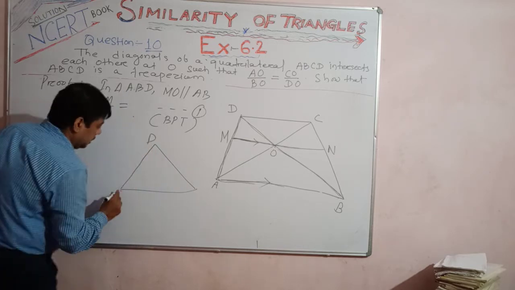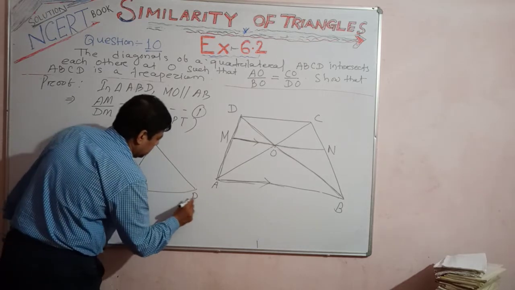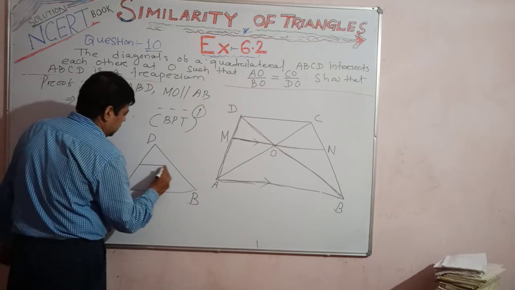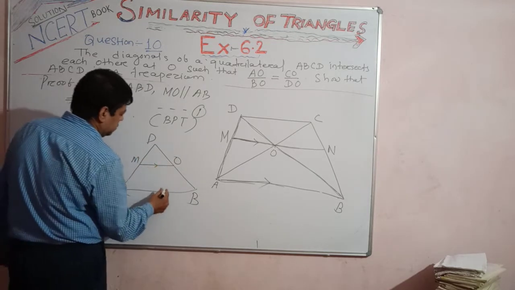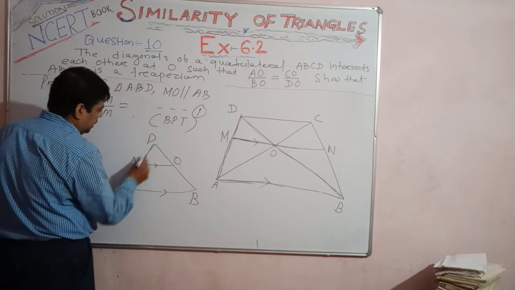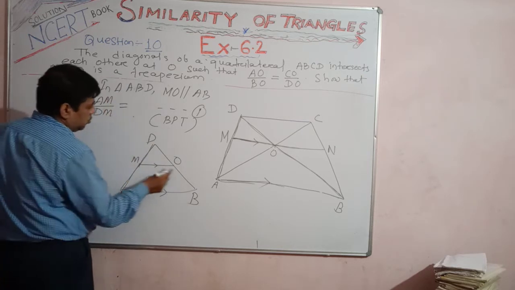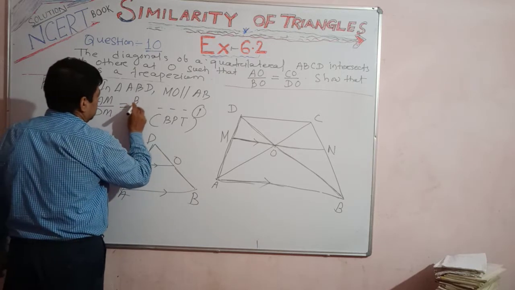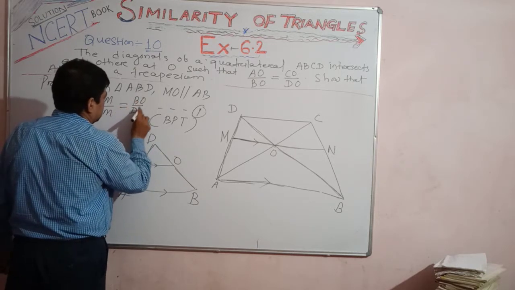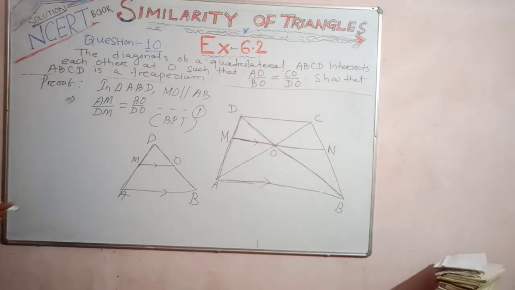DAB is a triangle. In this triangle, MO is parallel to AB. So AM upon DM is equal to BO upon DO. This was a mistake, okay. Is it clear?